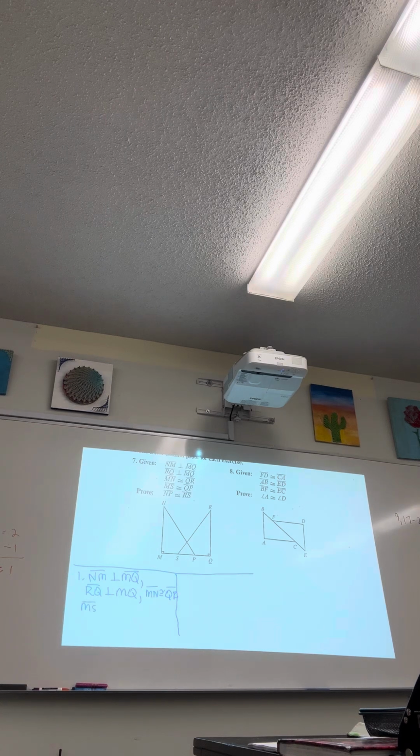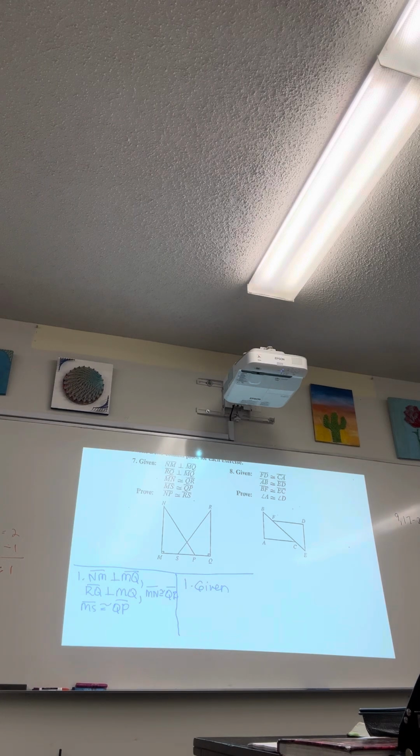Now, once you've written it all down, mark what you can on the diagram. I made a mistake. This should be a P. Okay, so there's all my given. Now, using that, somehow I have to prove that NP is congruent to RS.